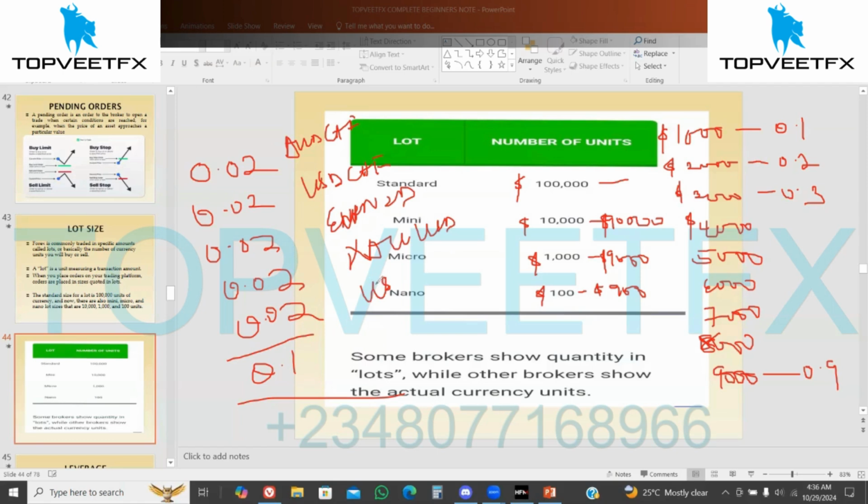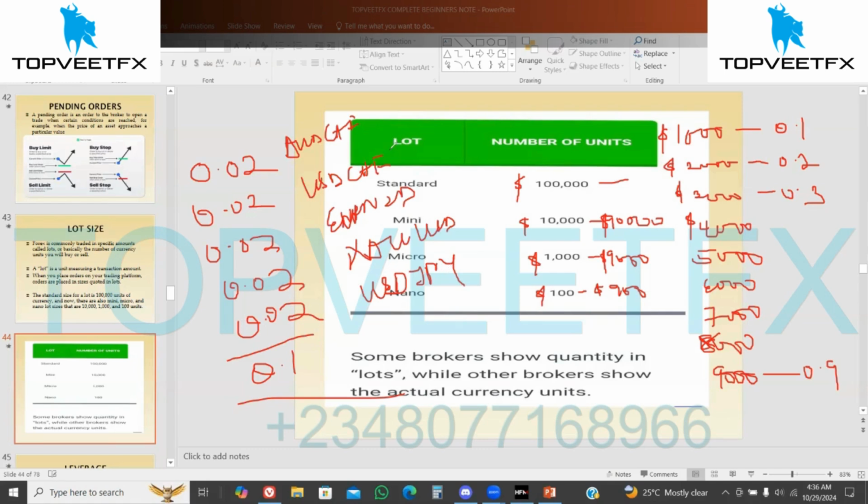Sorry, USD JPY. Now, these are 5 pairs that you want to trade, and you have done your analysis and you know that they will go in the direction you believe they will go.